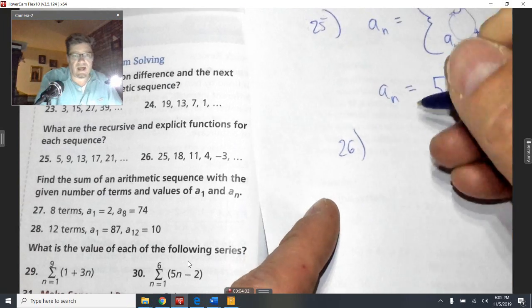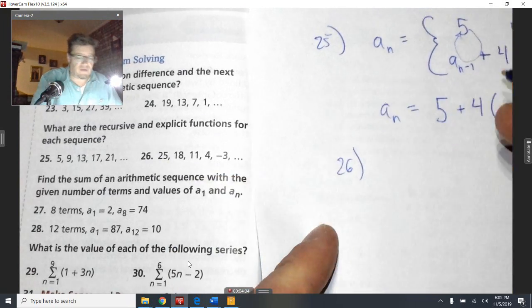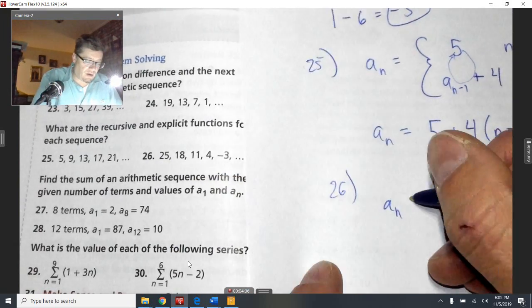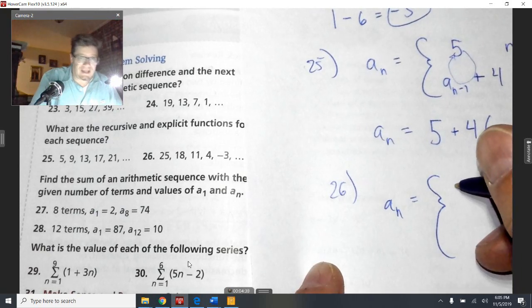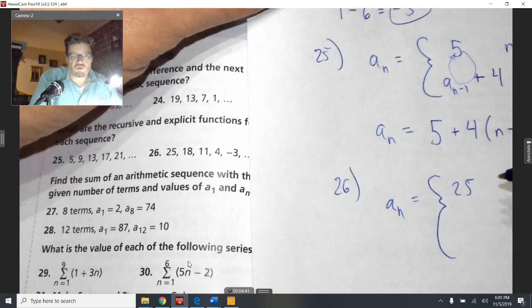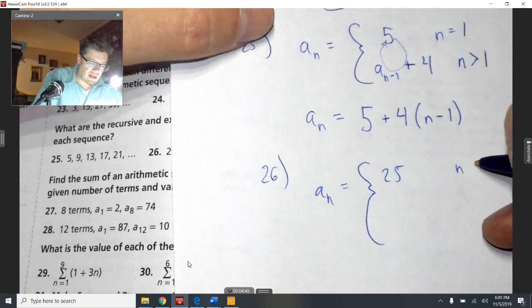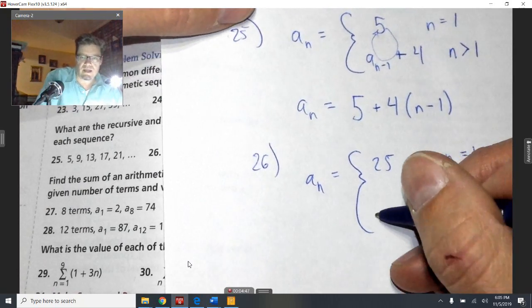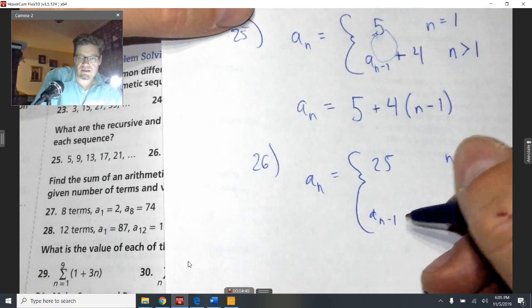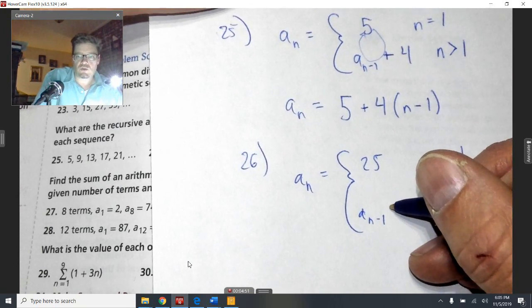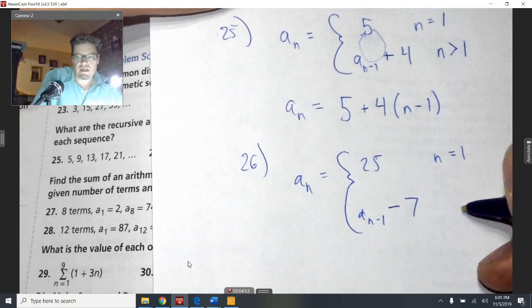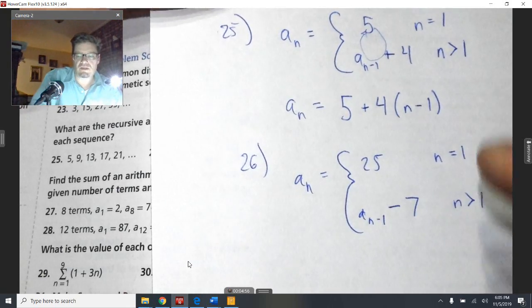26. I'm going to fly through here because we have a starting point of 25. Looks like we drop a total of 7 each time, but that won't influence my first piece. But I will have a sub n minus 1 dropping 7, and that would be for any number greater than 1.